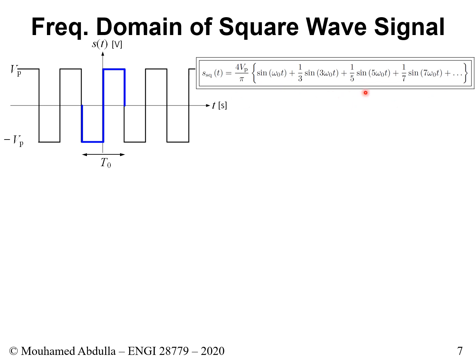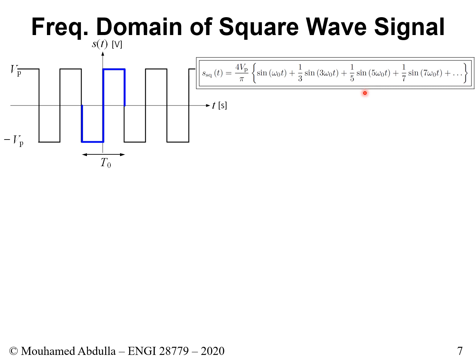Here I put an equality and I put dots, which means it's an infinite series. It will go on forever, and you will only look at the odd harmonics. We figured this out through a lengthy analysis, known as the Fourier series analysis.